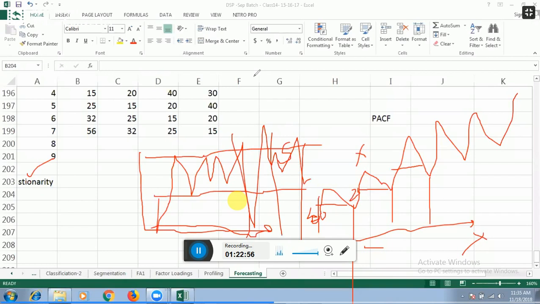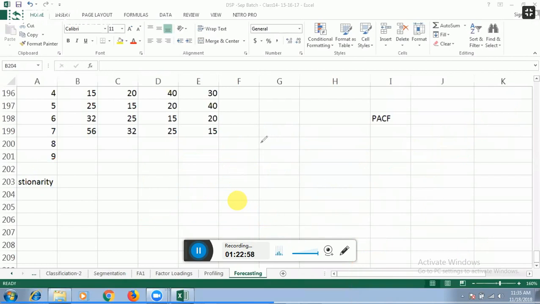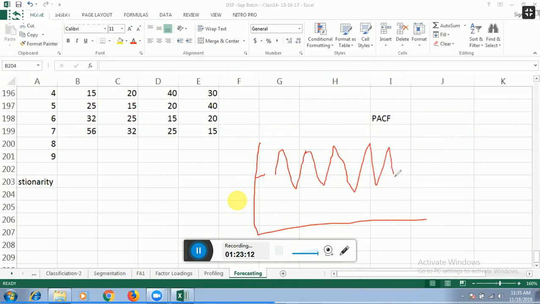So let me show you a series like this. Assuming this is a series, you can see that the mean is constant over time, correct?